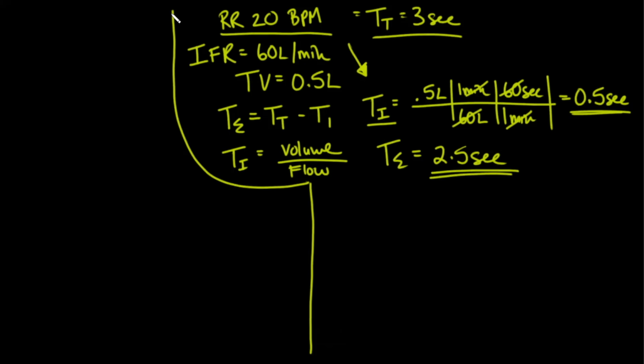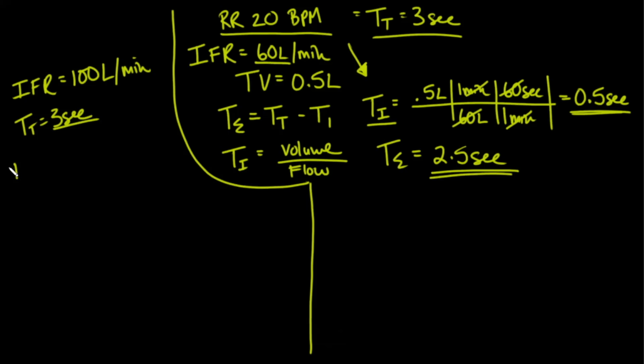So let's say we increase the inspiratory flow rate and keep everything else the same. Instead of it being 60 liters per minute, let's take a very large jump and go to 100 liters per minute. That's a pretty significant increase. So we really want to see whether or not this is going to work. Remember that the total time is still 3 seconds because we're not changing the respiratory rate.